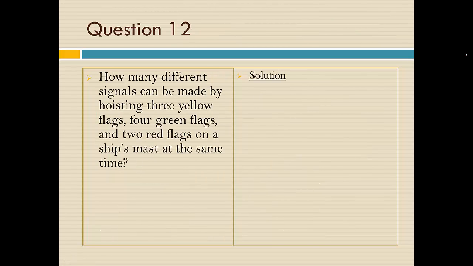Now, question 12. How many different signals can be made by hoisting 3 yellow flags, 4 green flags, and 2 red flags on a ship's mast at the same time? So if we look at this, this is a case of permutation but with duplicates. Yellow has 3 duplicates, green has 4 duplicates, and red has 2 duplicates.